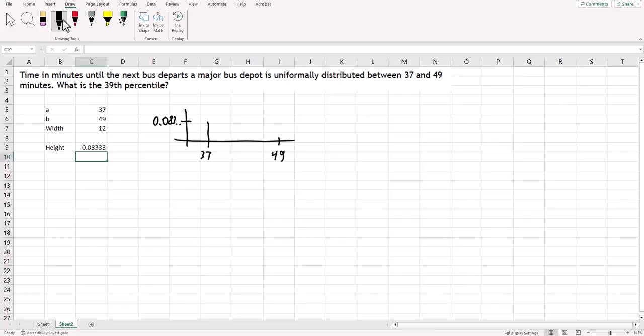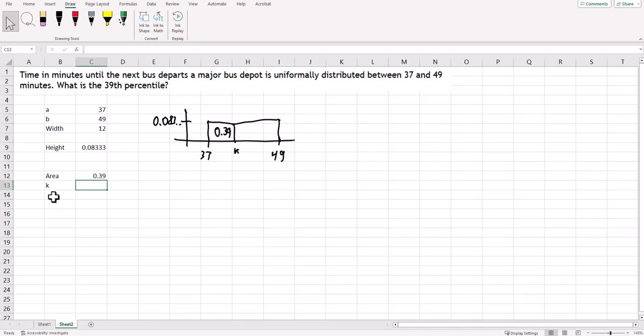Okay, so I'm looking for the 39th percentile. So about halfway, a little less than halfway. So this here, 0.39, and my K is going to be right there. So if I want to get clever here, my area 0.39, my K is going to have to be whatever this width is here plus the 37, right?